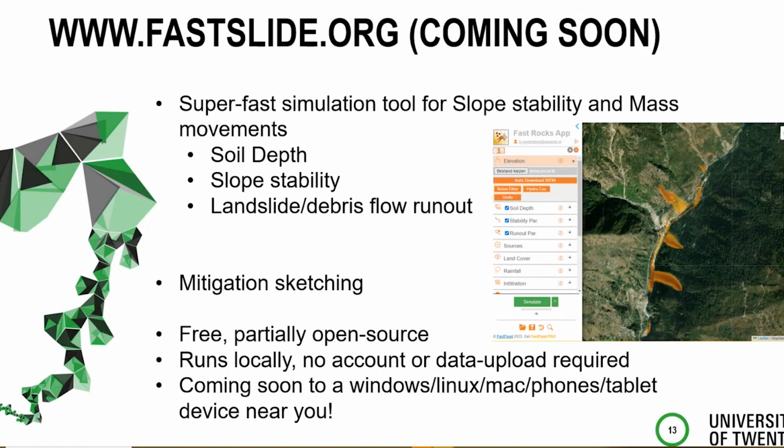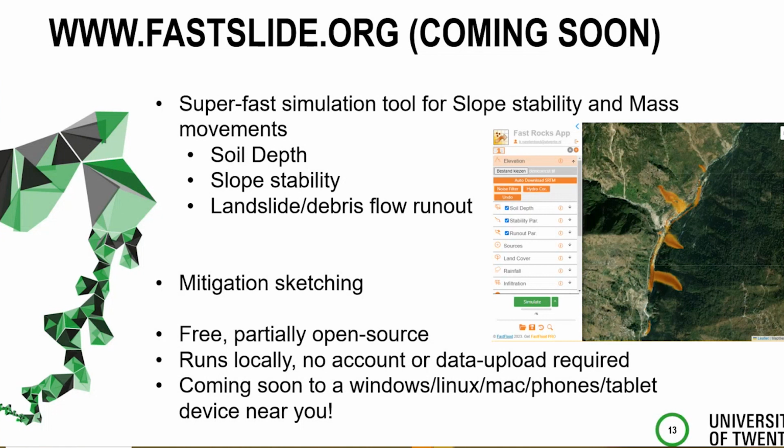It's using a lot of the same algorithms and techniques, but applied to slope stability and mass movement. There are three main components in this model. Soil depth, which we talked about before during the session, is so difficult to measure and to get, so we've implemented a physically based soil depth model. Slope stability, and finally landslide or debris flow runout.